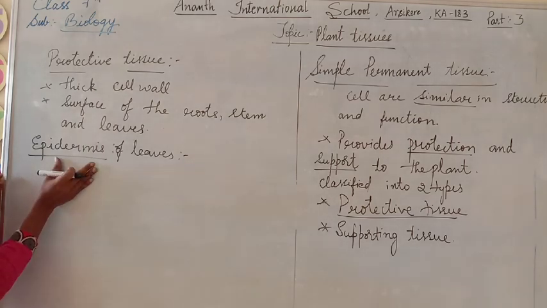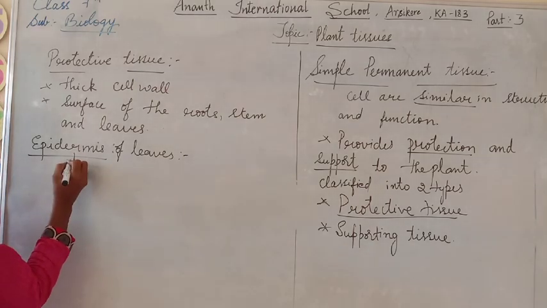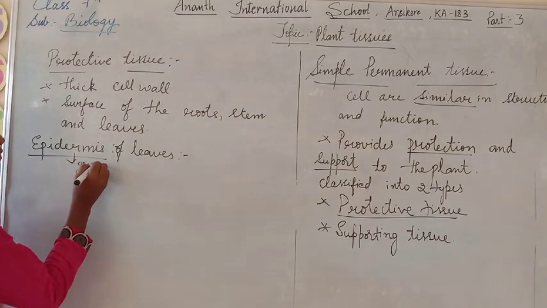Then what is this epidermis made up of? The epidermis is made up of a group of cells which are closely packed.